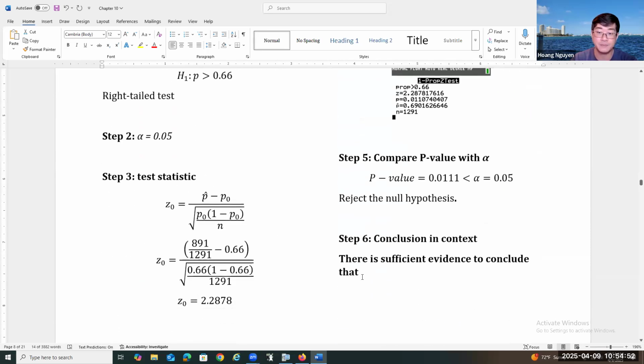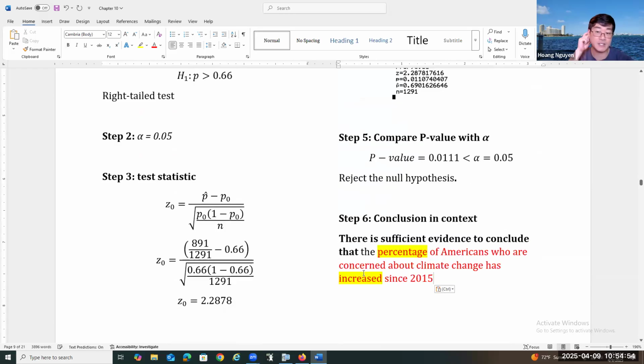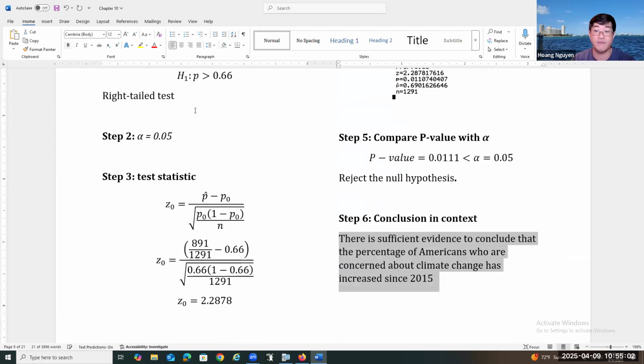We state the final conclusion based on the alternative hypothesis, which is the one that we try to get evidence to support. Because we reject the null hypothesis, which means the null hypothesis is no longer true, we say we have sufficient evidence to support the alternative hypothesis.